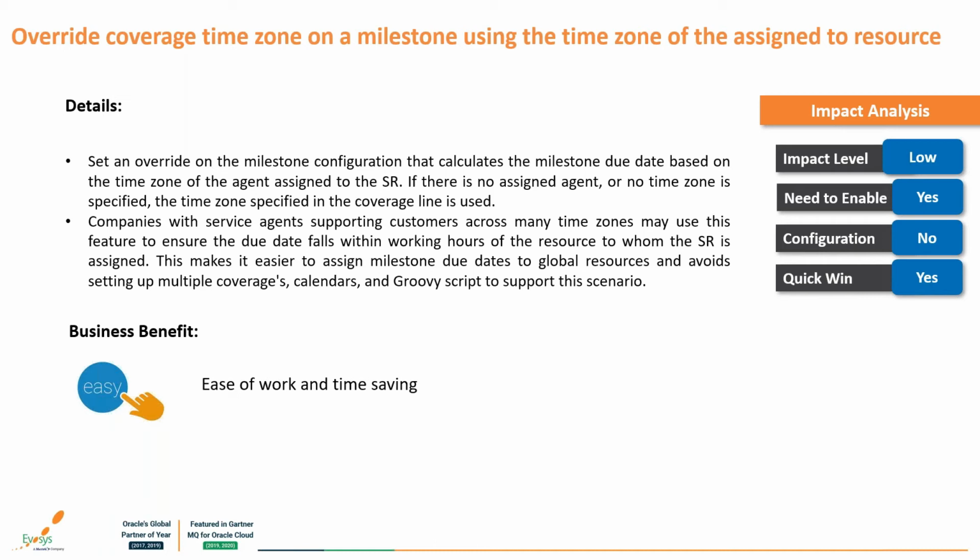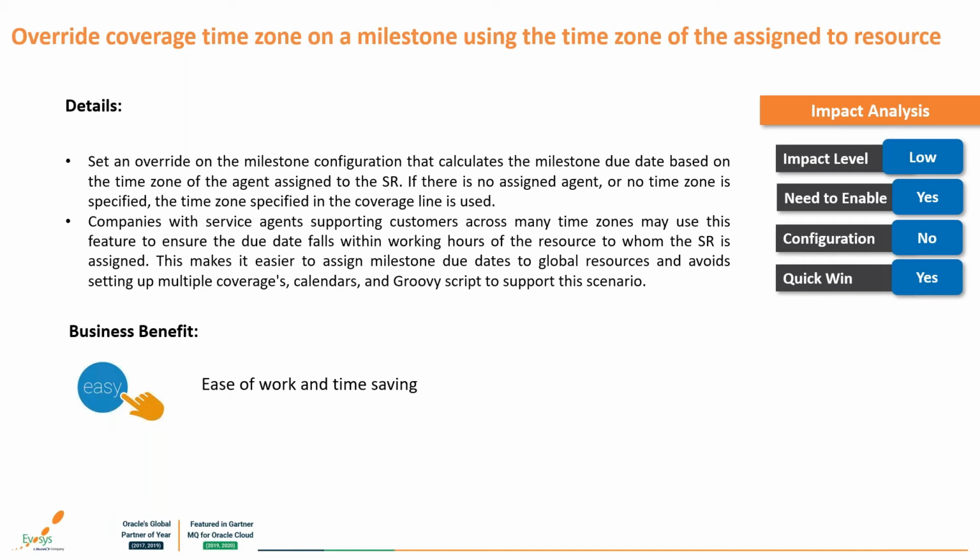Let us understand this feature with an example. If an SR, or service request, is raised based on, let's say, the CET time zone, but the agent who is giving the solution is working in, let's say, the India time zone, IST, then the milestone for that service request will be calculated based on the India time zone, because the agent is working from IST.